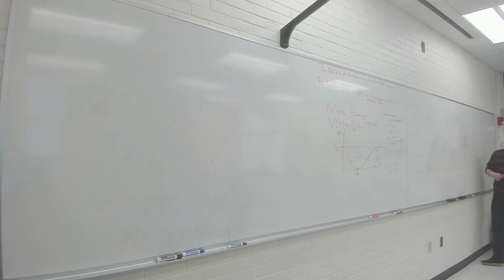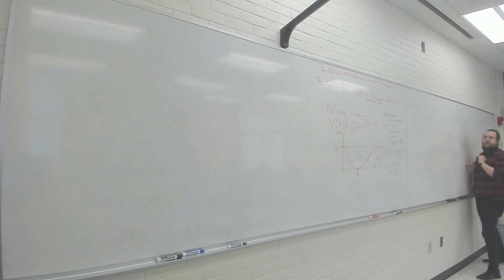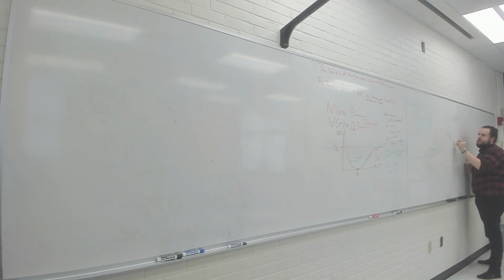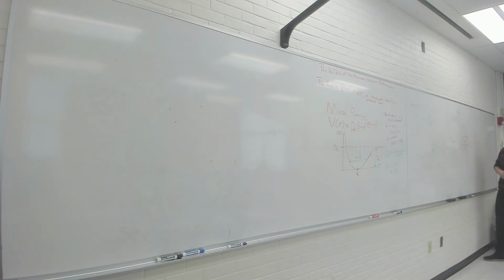So if I were to draw a parabola here where the parabola is centered here, it agrees. And then as the energy starts to increase, it starts to disagree completely with the Morse potential.